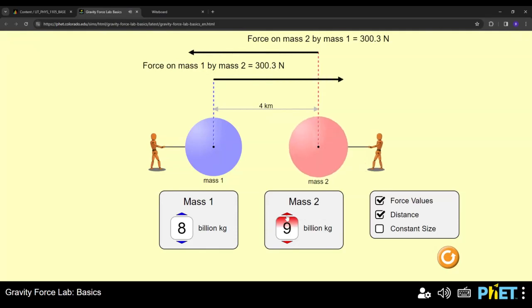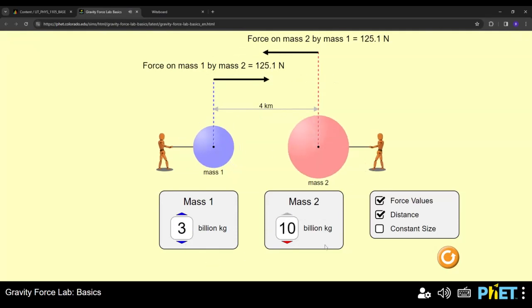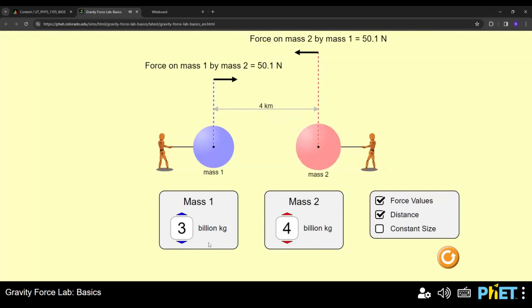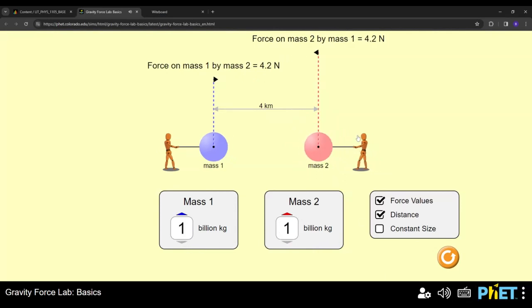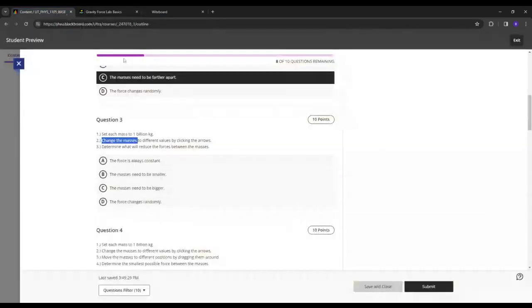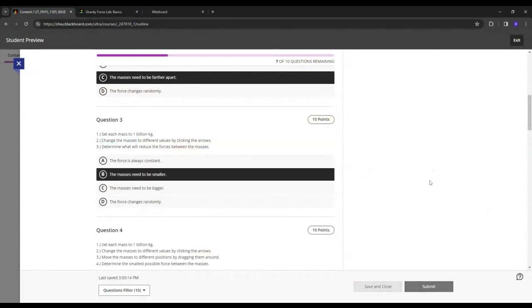If I bring this one up, then obviously it goes up higher. So I want to reduce these again, bump them down. And there we go. So our smallest possible answer is going to come from the smallest possible masses. That means masses need to be smaller to make a smaller force.